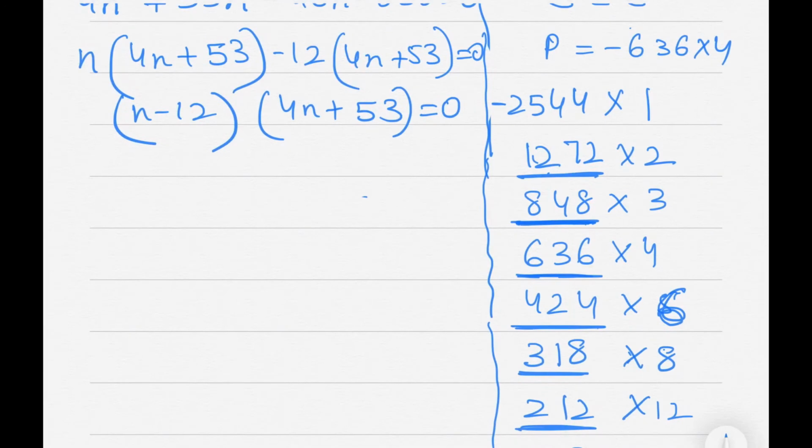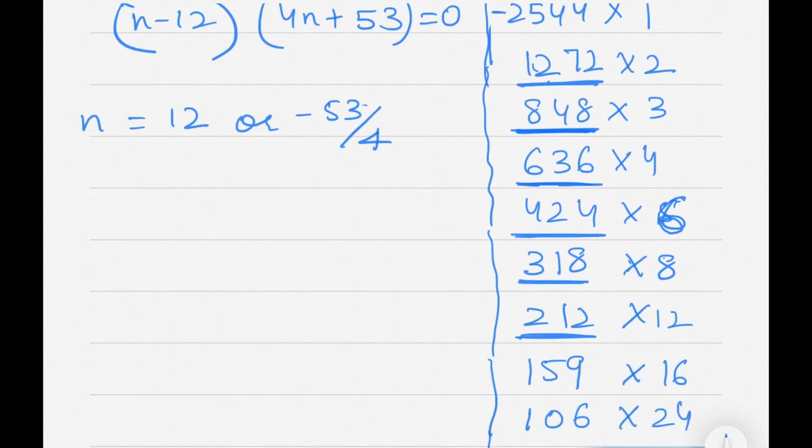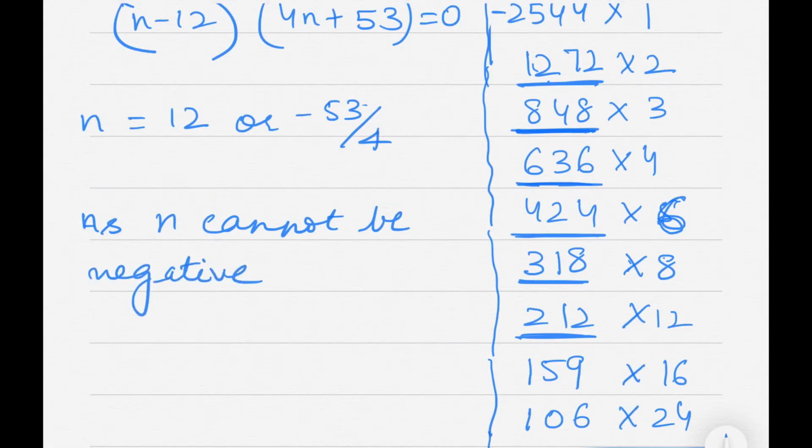So now I can say that n is equal to 12, or it is equal to minus 53 by 4, correct? Now I know n cannot be negative. Therefore n is equal to 12, right?